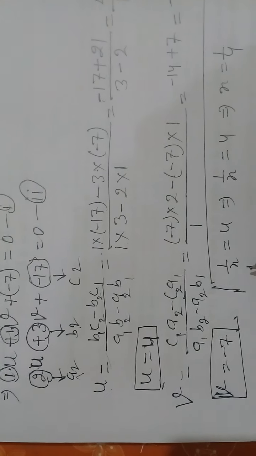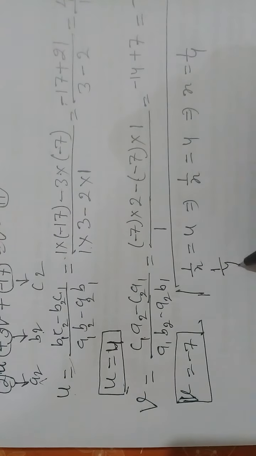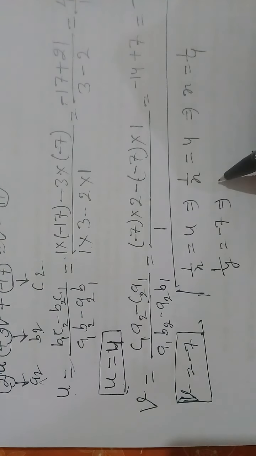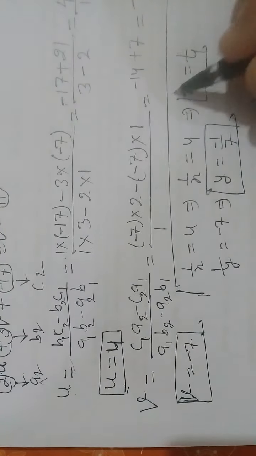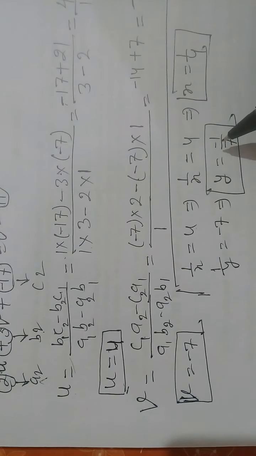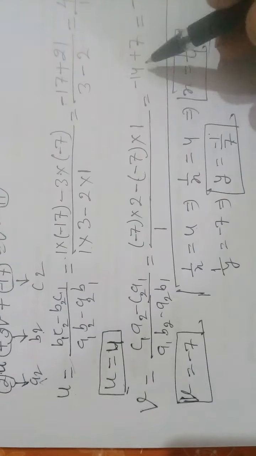Similarly, 1 by y is equal to v, which implies y is equal to 1 by v. This is the value of y and this is the value of x. In answer to question number 9, the value of x is equal to 1 by 4 and y is equal to 1 by 3.